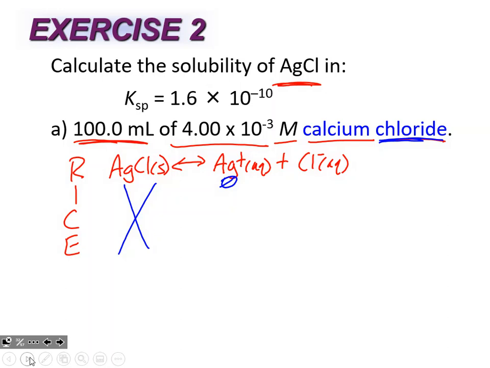You don't really have to do a balanced equation, but if you look at the formula, calcium chloride happens to be CaCl2, because calcium is plus 2 and chloride is minus 1. So what does that mean about our concentration of chloride in there? If it's 4 times 10 to the minus 3 molar calcium chloride, what is the concentration of just the chloride?